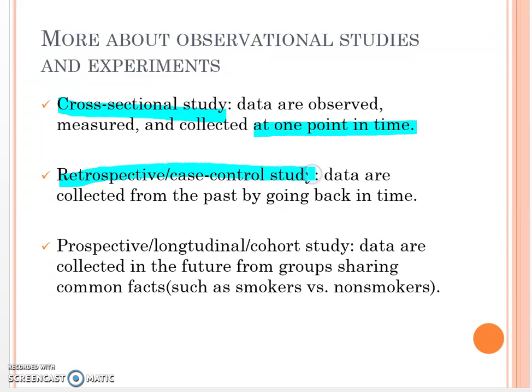Retrospective study means going back in time, where the data are collected. While in a prospective study, data are collected in the future, such as smokers versus non-smokers. In the future, they are checking to see how they behave.